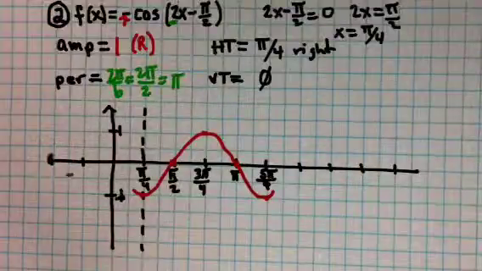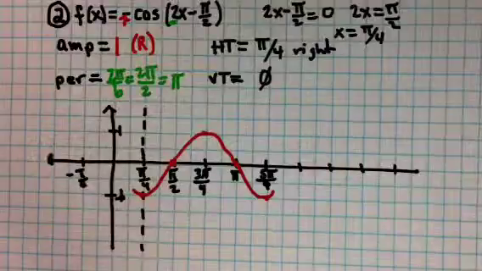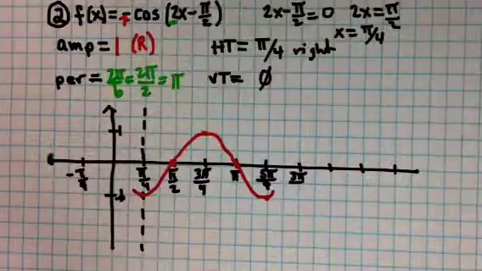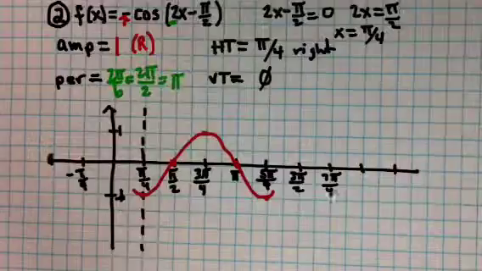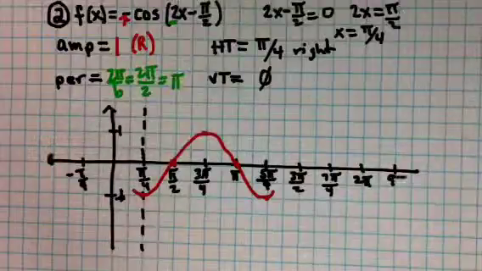This would be negative pi over 4. And then over here, 6 pi over 4, which would be 3 pi over 2. 7 pi over 4. 8 pi over 4, which would be 2 pi. And then 9 pi over 4.